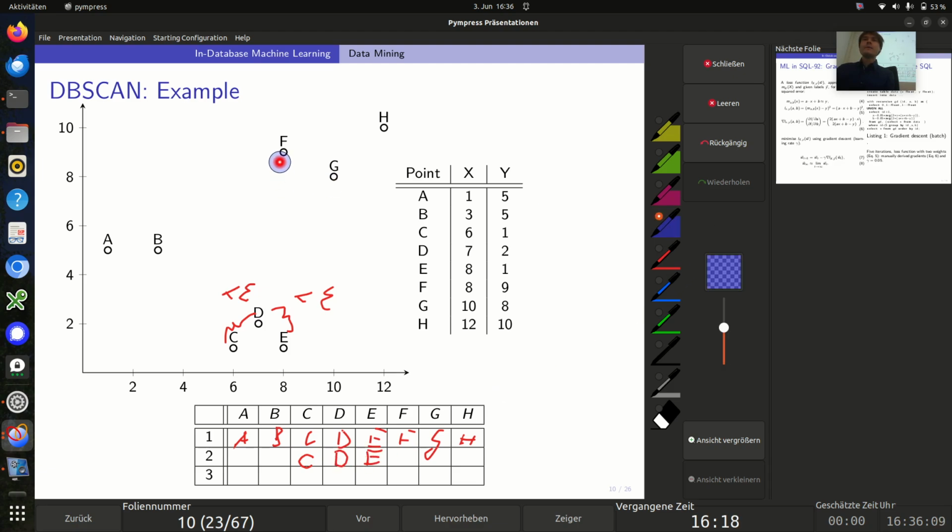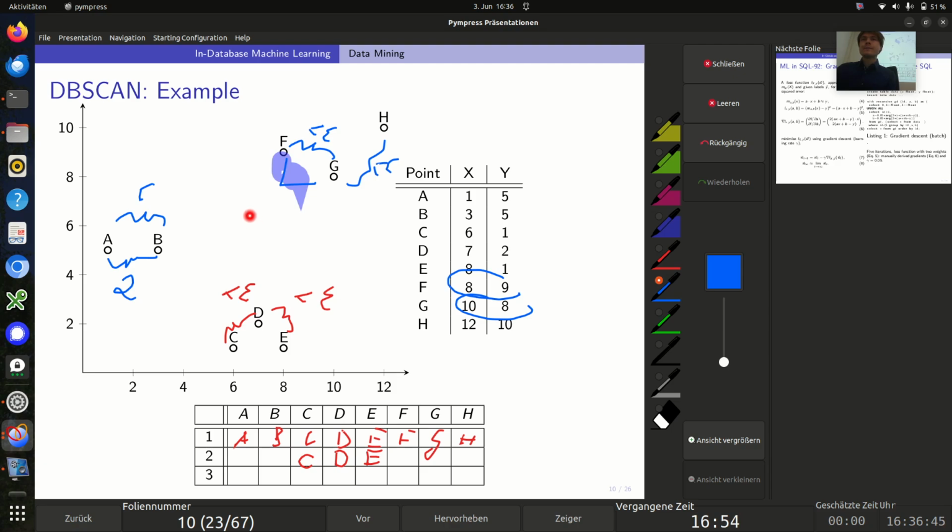Then we also have to look whether the distance here is less than epsilon, and also this one, and also this one. Of course we could try to compute this. A and B is exactly 2. Here, F and G: F is 8 and 9, and G is 10 and 8.